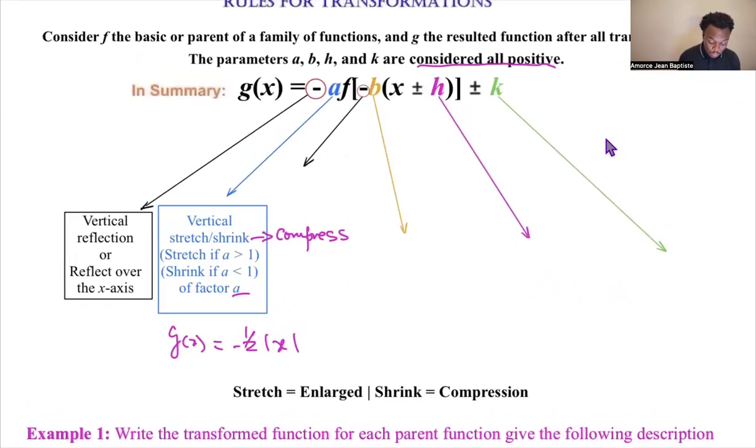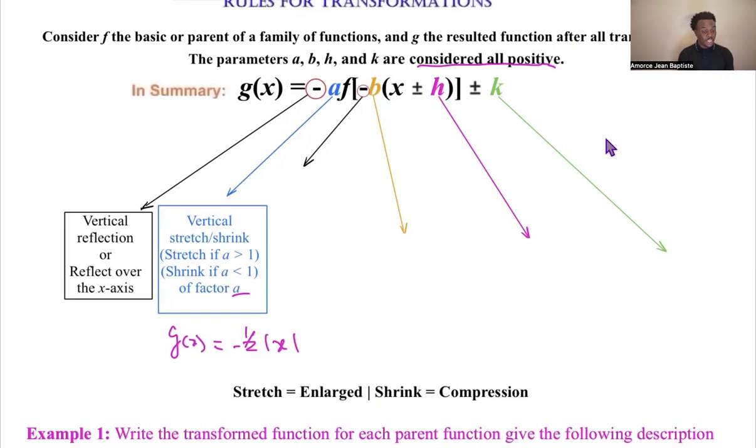And that was A. A is the vertical compression or vertical stretch. Compression or shrink is when A is less than 1. Stretch is when A is greater than 1. A vertical stretch gets the graph closer to the y-axis.